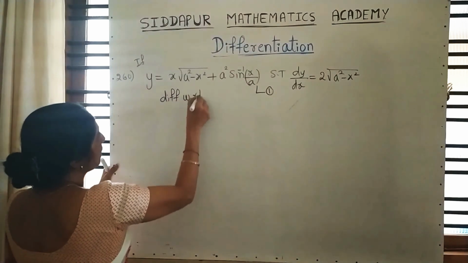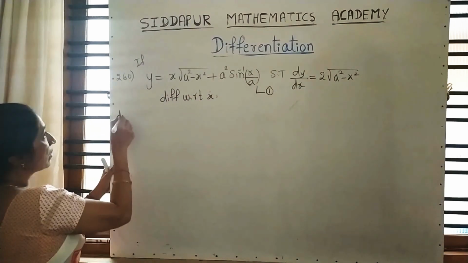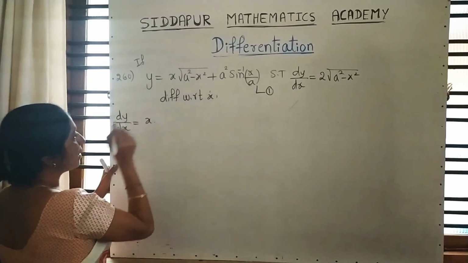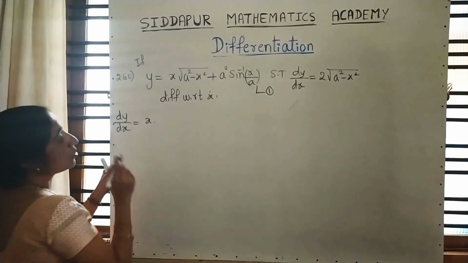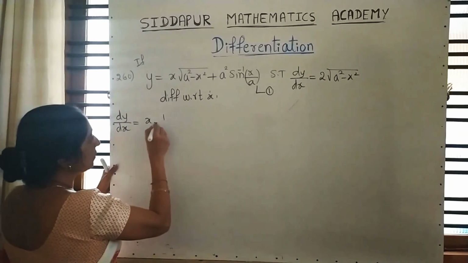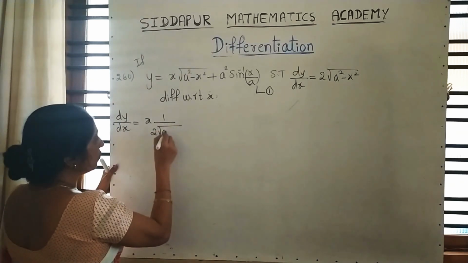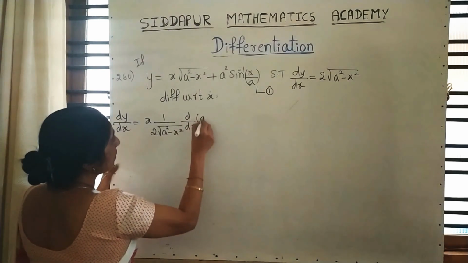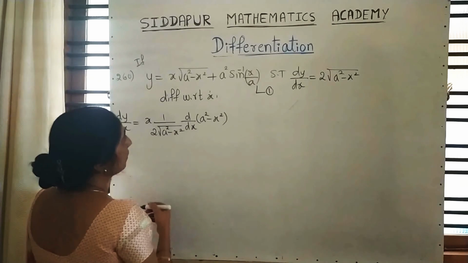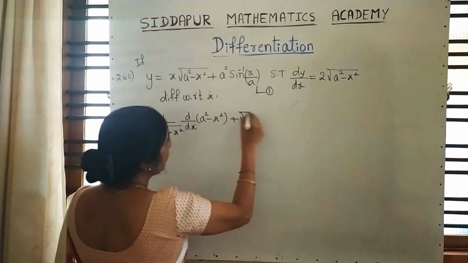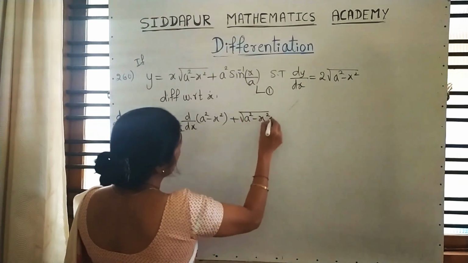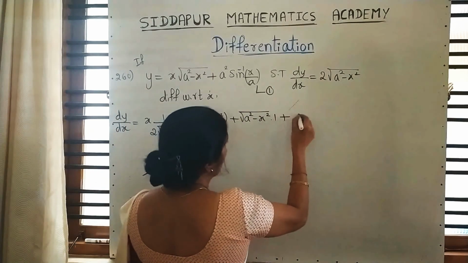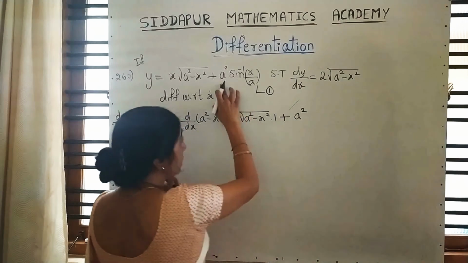Differentiating with respect to x, dy upon dx. This is u into v, x as it is. What is the differentiation of root of a square minus x square? 1 upon 2 root a square minus x square into differentiation of a square minus x square, plus root of a square minus x square as it is into differentiation of x, which is 1, plus keep a square constant as it is.